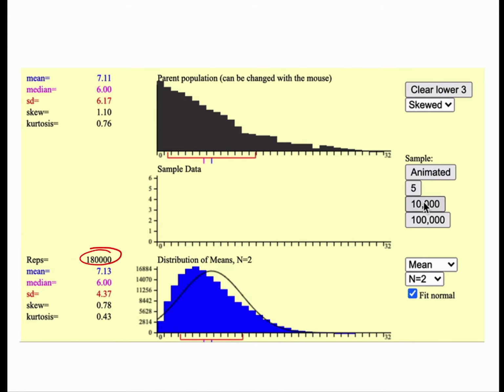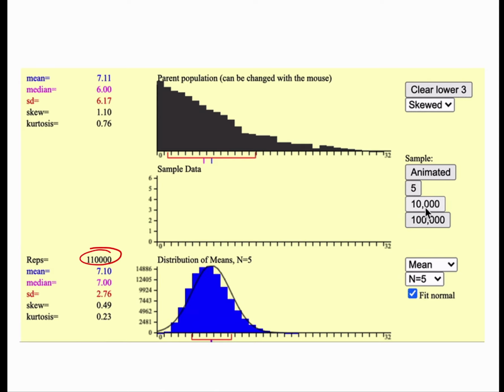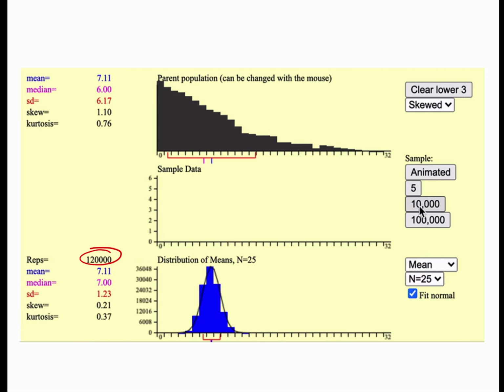Right? Here, we have a much wider spread, and we're not very close to being normal. By increasing from n equals 2 to n equals 5, smaller spread, much closer to normal. Increase that up to 25, much smaller spread, and very close to normal.